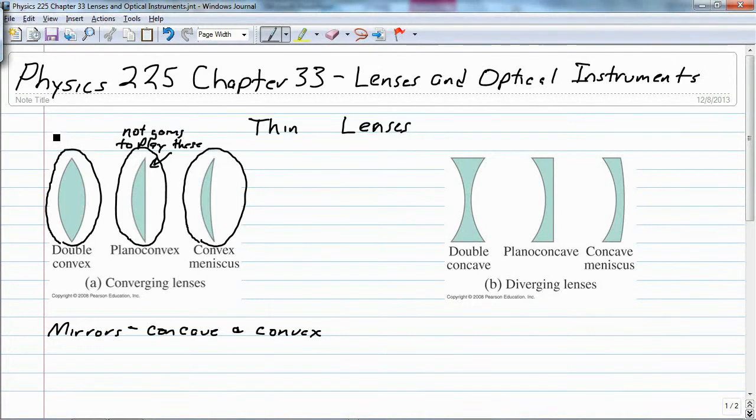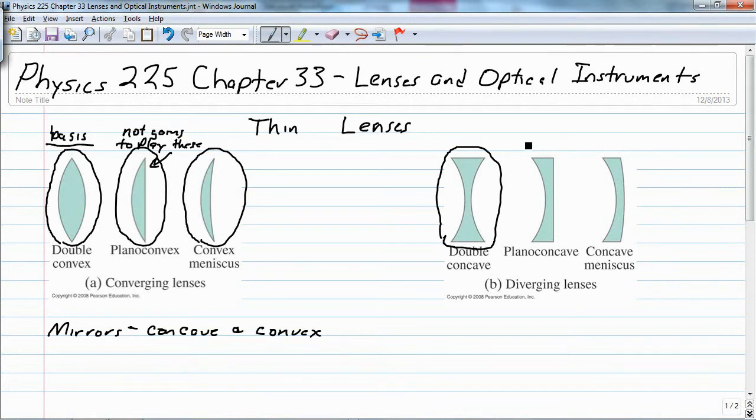This becomes the basis for everything. The double convex. This is what we define everything that we're going to do off of in this chapter. And the convex meniscus, we'll find uses for that. We'll play with that. Now, the other set of lenses that we have are the double concave, which just has the sides of the lenses bulging in.